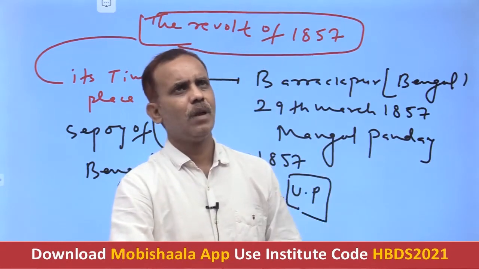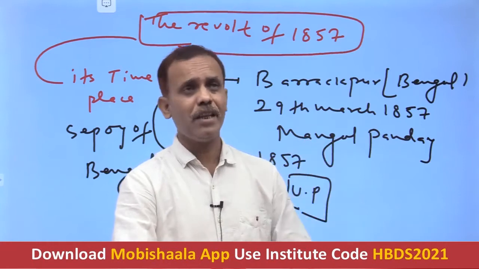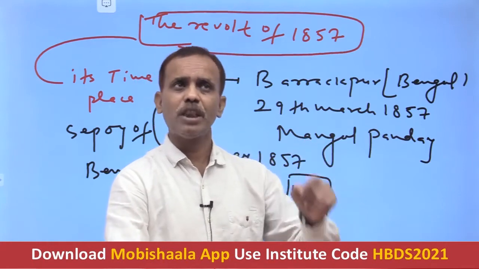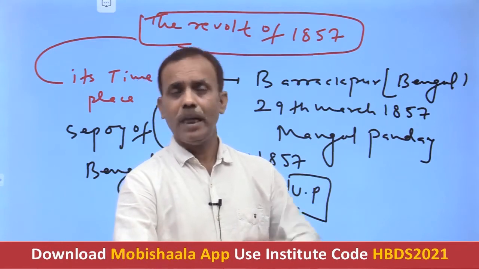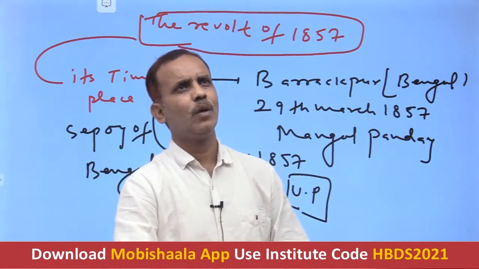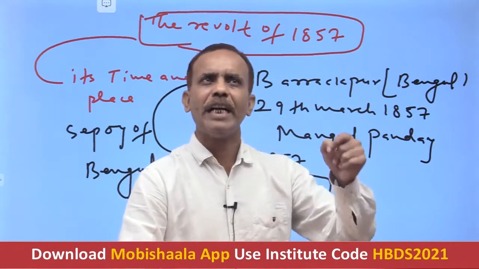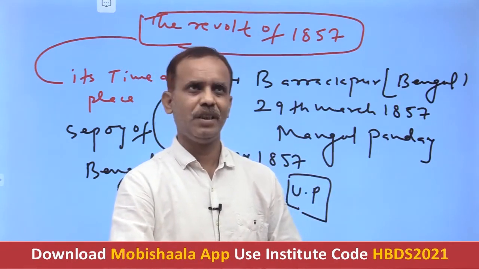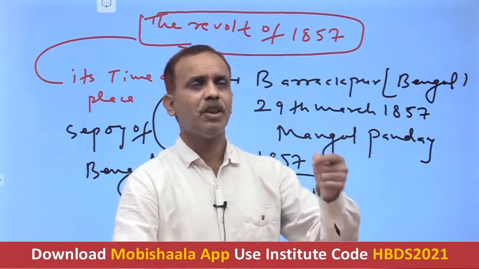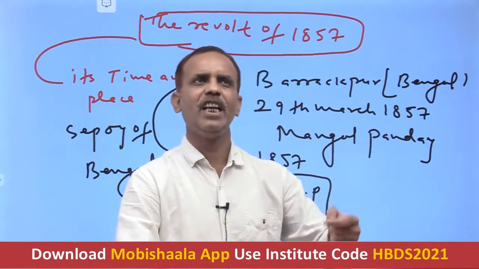Even Lord Canning, the British Governor General, said, it seems that we have to reconquer India. Imagine the gravity of this revolt of 1857.